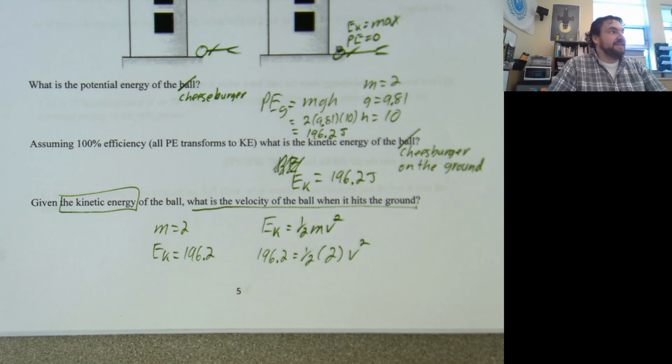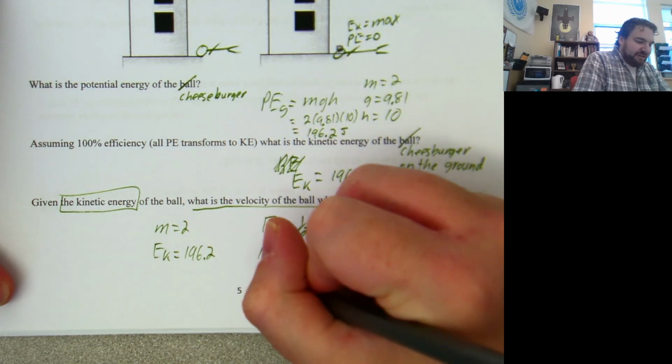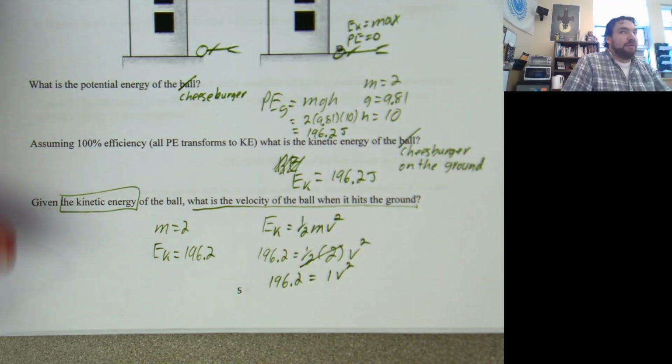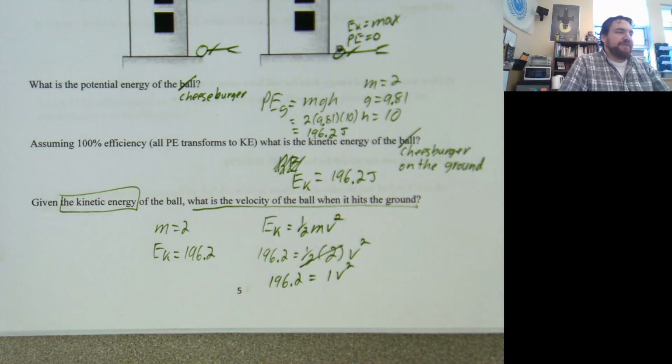To make our life a little bit easier. Half of 2, which is 1. That's just going to give us 196.2 is equal to 1 v squared. We don't have to write the 1 if there's a 1 there because multiplying by 1 doesn't change anything. So now to find v, what do we have to do?